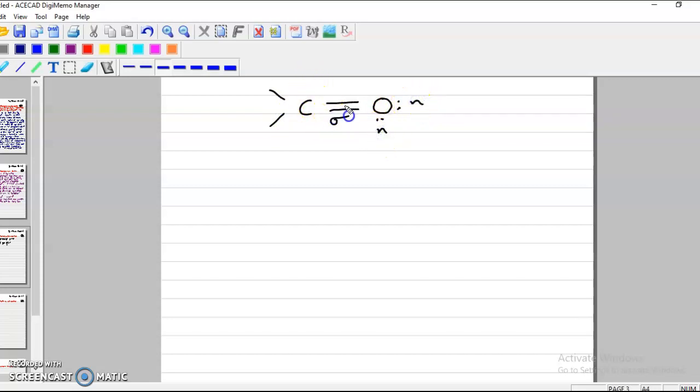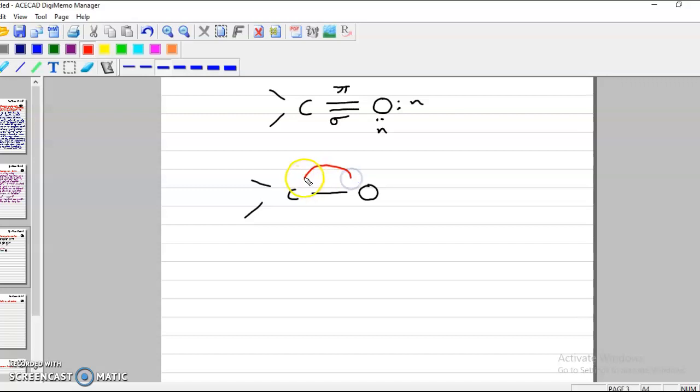One bond is sigma, another is pi. So let us see how molecular orbitals of carbon and oxygen are formed. I am not interested in discussing sigma to sigma star transition in this case. That is why I have kept the sigma bond like that. Now how pi bonds form, let us see this one.